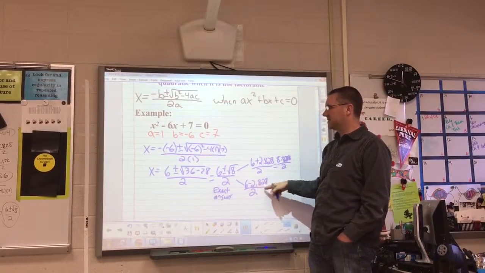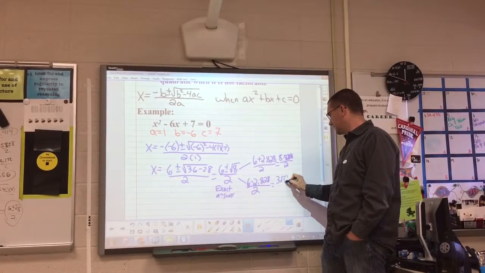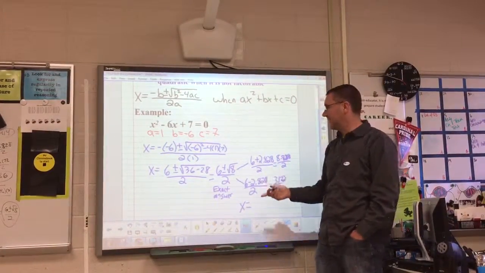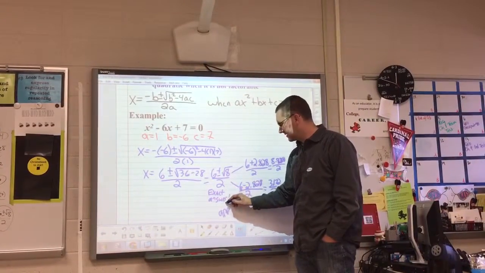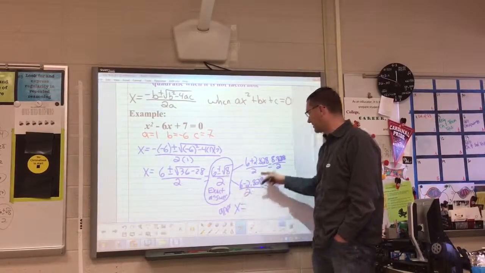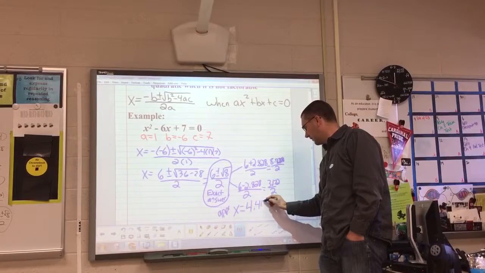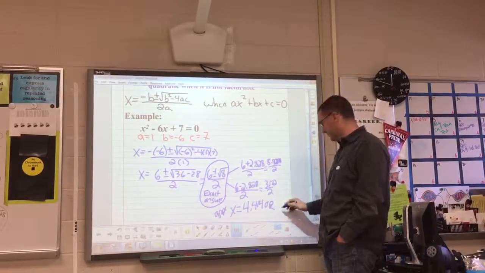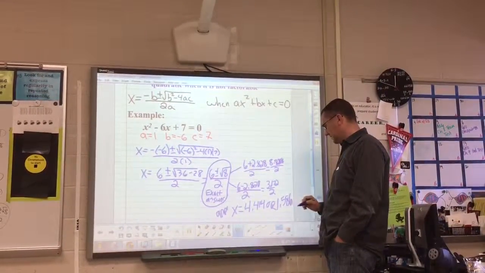And then if I do 6 minus 2.828, I get 3.172 divided by 2. So then my two approximate answers, these are my approximate answers down here. So my exact answers are with my square root. My approximate answer is 8.828 divided by 2 is 4.414, or 3.172 divided by 2 is 1.586.